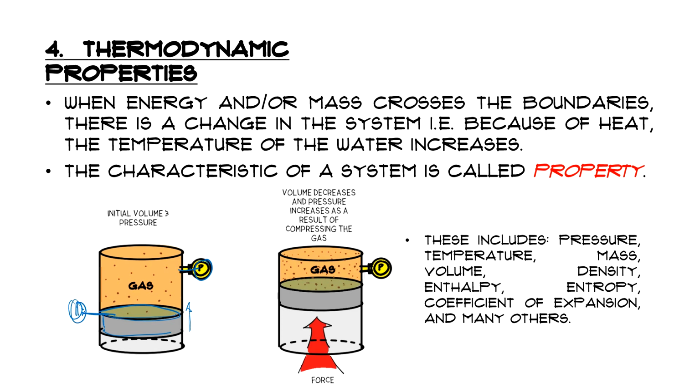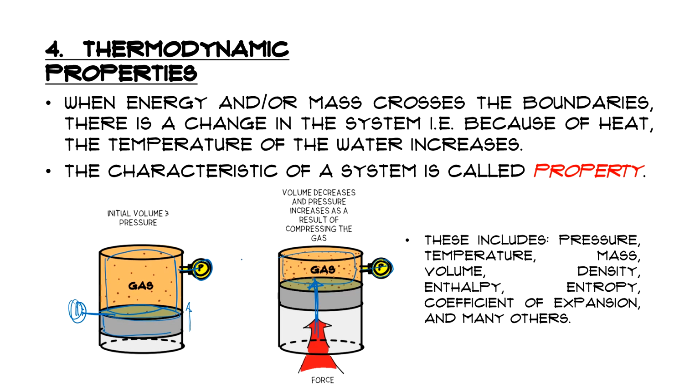Then we introduce work into the system, and we consider the gas as our system in this example. If we apply force so that this compresses, and we take the reading, we can see a change in the pressure as well, and also in the volume and other properties.